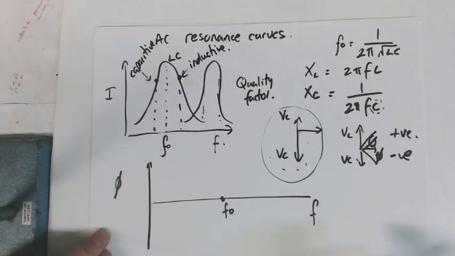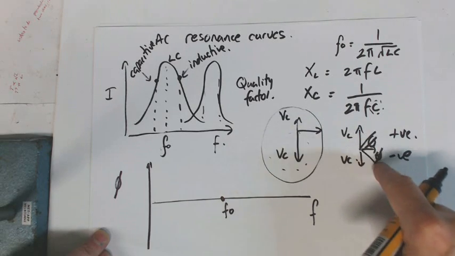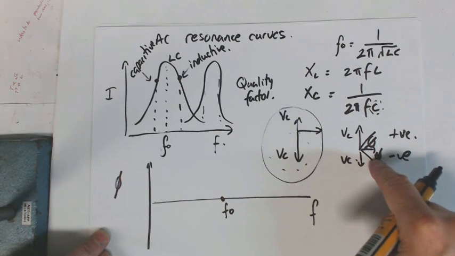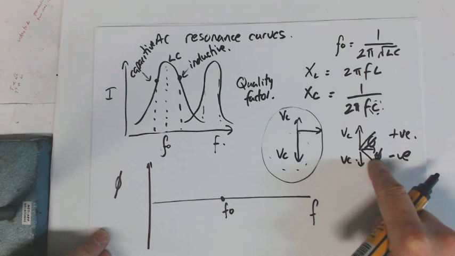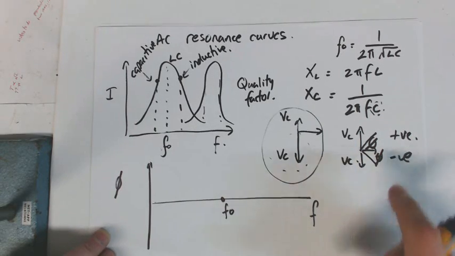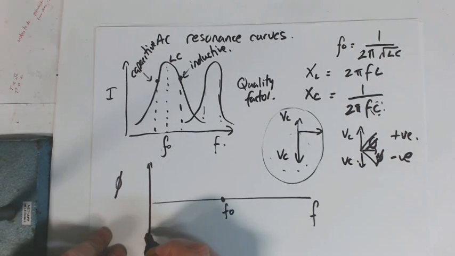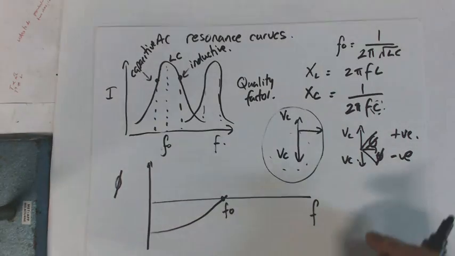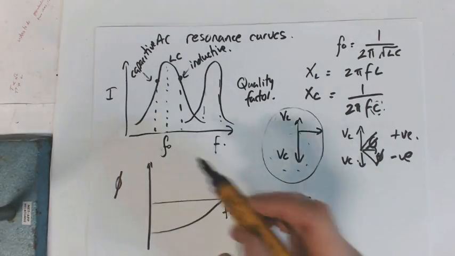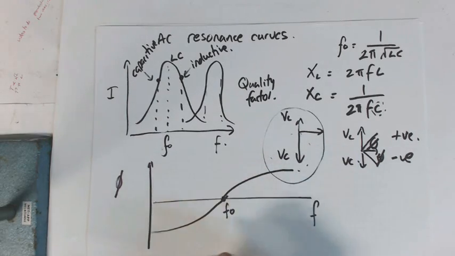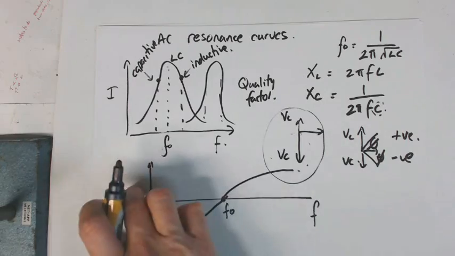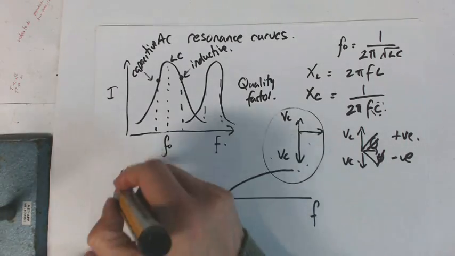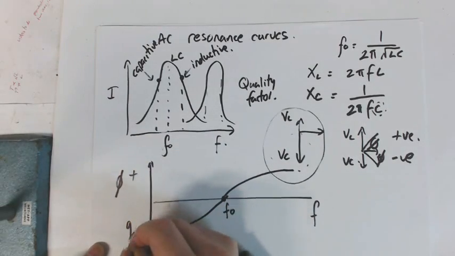If you've got a capacitive circuit, the V supply is closer to the VC, and that's a negative phase angle. So we're pretty sure it's going to look like that. And as we pass through and become inductive, the phase angle is going to be like that.